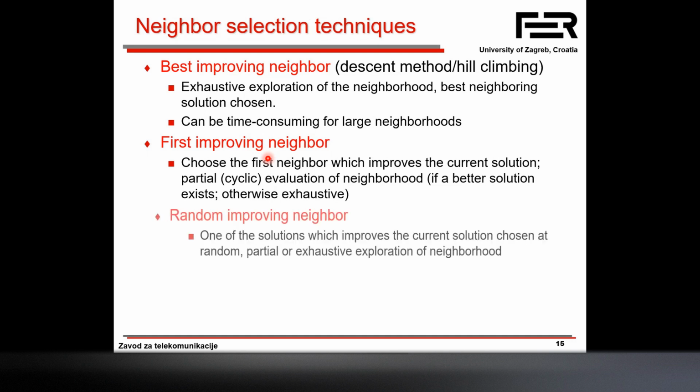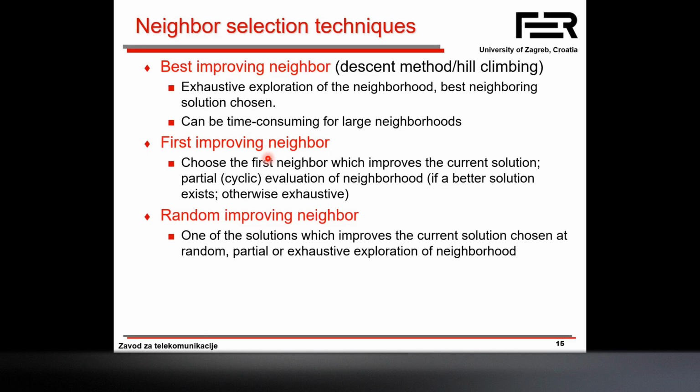Okay, another option would be a random improving neighbor. So let's say that I have either exhaustively explored the neighborhood or partially explored the neighborhood. I randomly choose one of the improving neighbors. So let's say I've looked at my whole neighborhood. I have n solutions within the neighborhood which are better than the one that I currently have. Rather than taking the best neighbor, I randomly choose one of these neighbors.